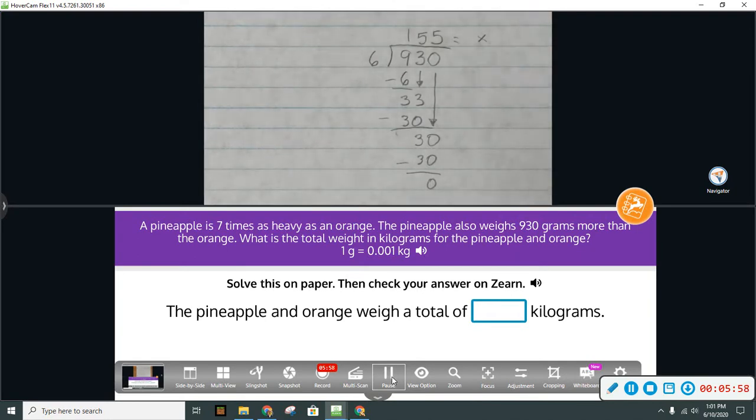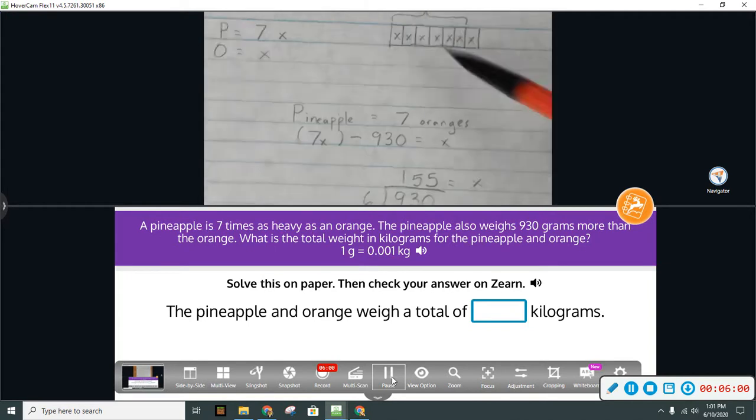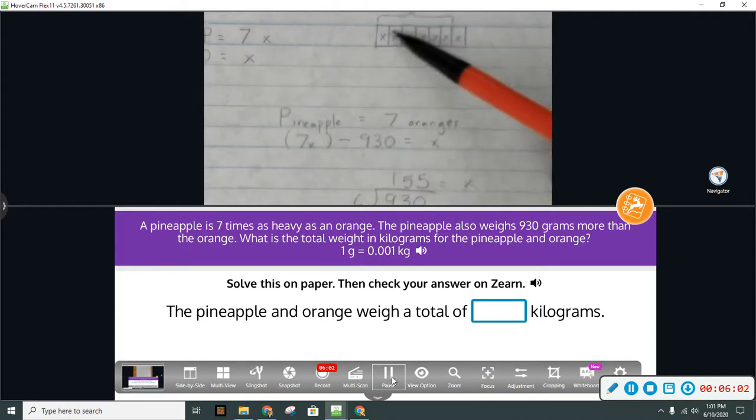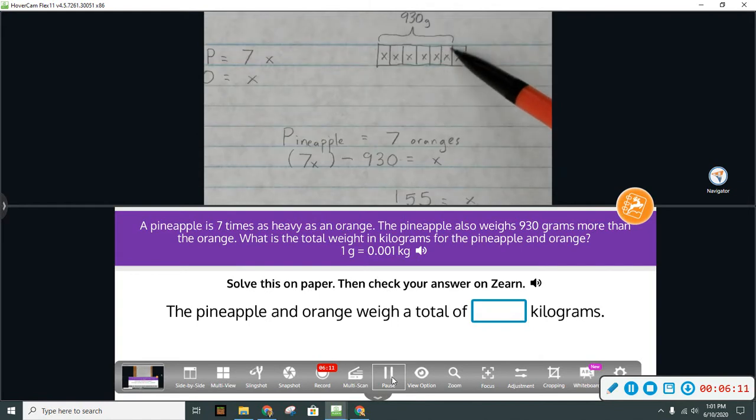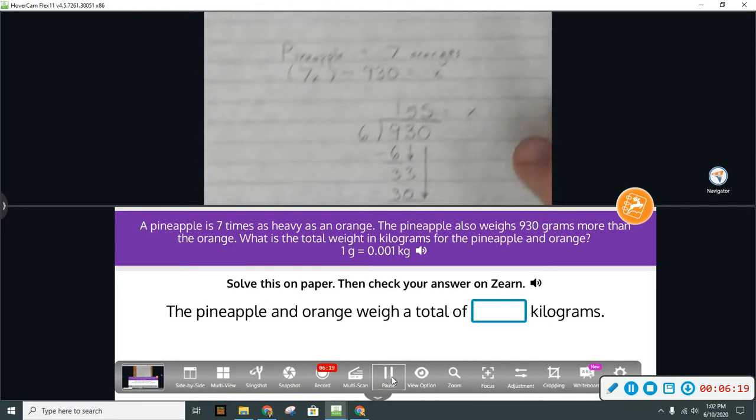Okay. Now, what we have found is the value of x, essentially. Remember, this whole box was the pineapple. The pineapple is the same as 7 oranges. 1 orange, 2 oranges, 3 oranges, 4 oranges, 5 oranges, 6 oranges, 7 oranges. If I take away 6 parts, I got 1 left, right? That makes sense. Well, the 6 is equal to 930, so that's why we divided.